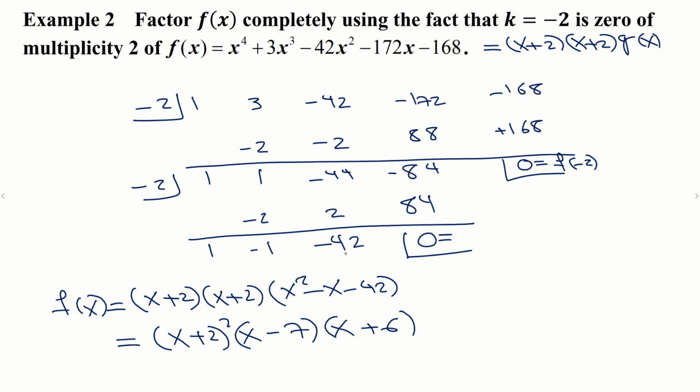We're looking to see if first times first is first, last times last is last. Inner product is negative 7x, outer product is positive 6x. They add up to give us the middle term. It checks out. We've done it correctly. So there is the complete factorization of this fourth degree polynomial.